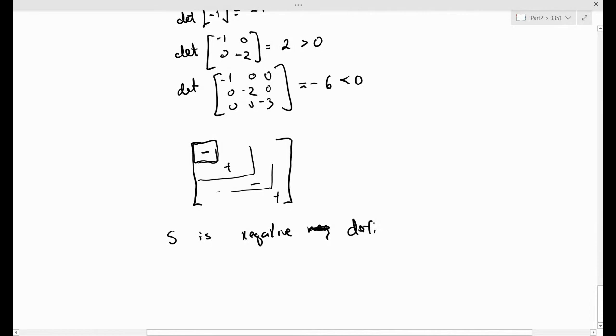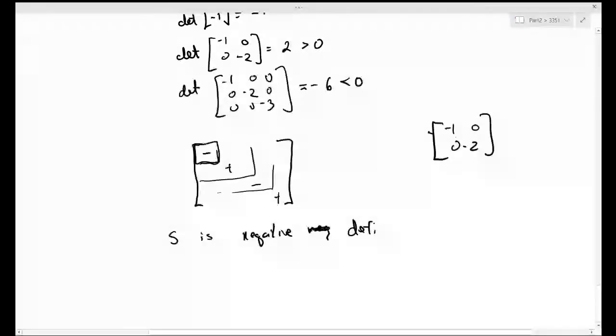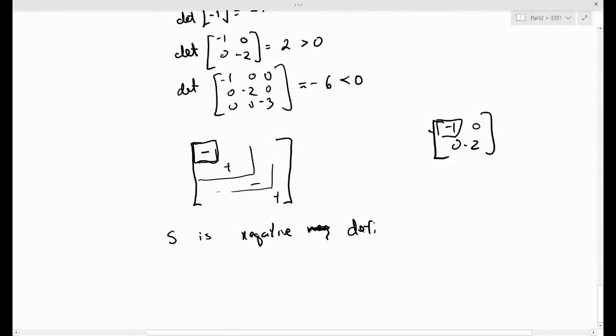The final determinant doesn't have to be negative. So it's possible that a matrix is negative definite, yet the determinant is positive. Just like this matrix, right? It's definitely negative definite, but its determinant overall is positive. It's just that the determinants have to alternate, starting with negative and then positive.